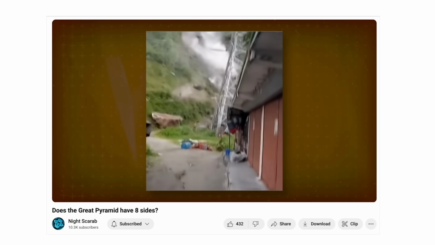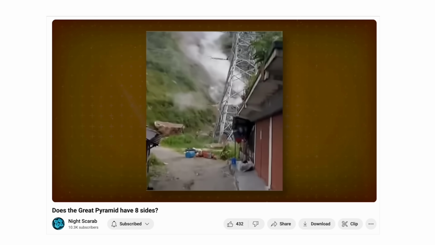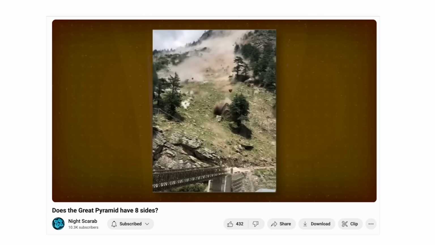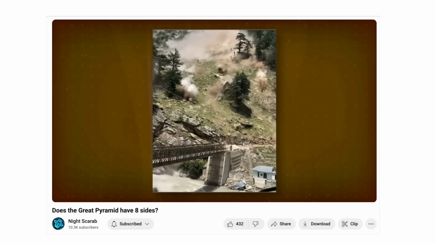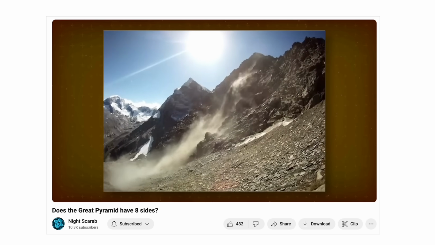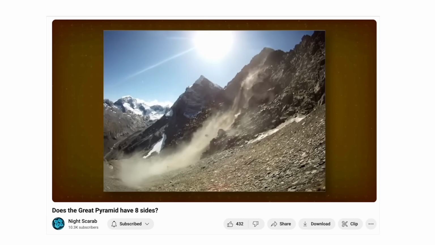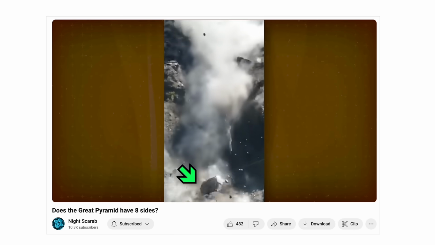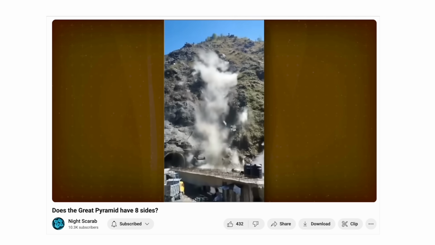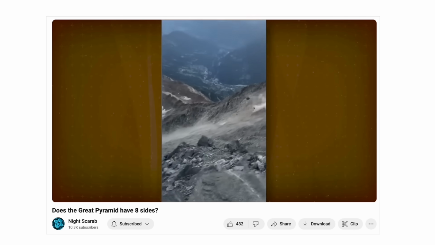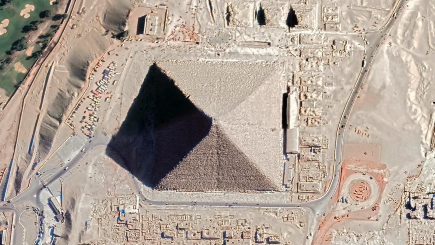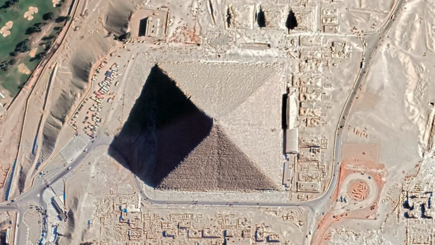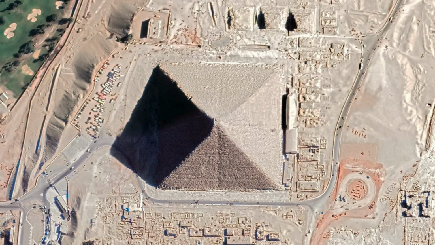He builds on Monnier's basic model, taking into account that blocks would not tumble perfectly straight down the pyramid, that some of them would be deflected on their fall. He also acknowledges the fact that blocks would bounce, not to mention blocks breaking as they fall, and this would lead to secondary impacts. And Night Scarab agrees with Monnier that the concavity was created by falling stone.